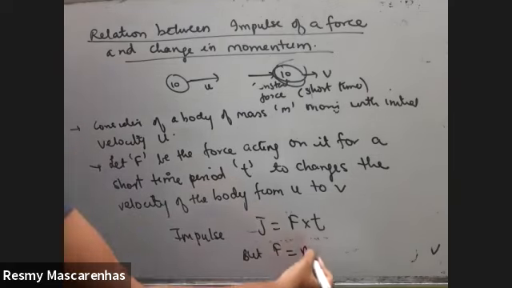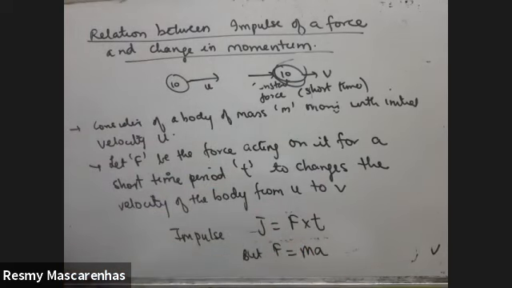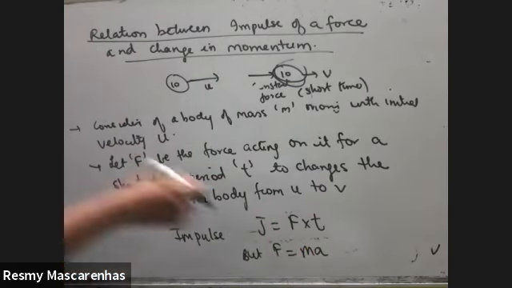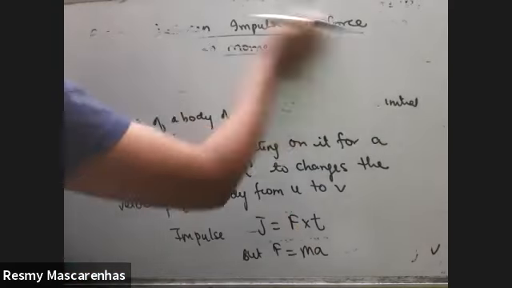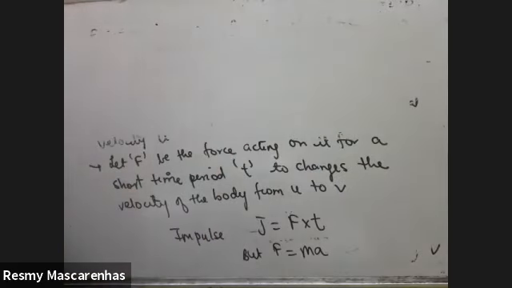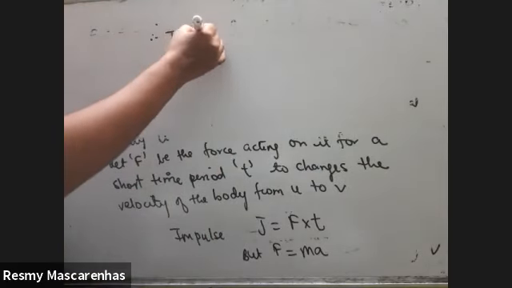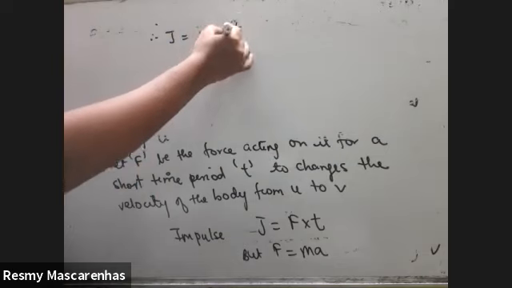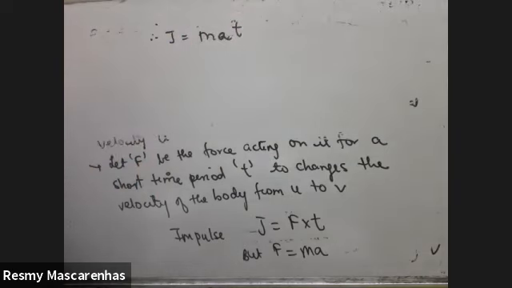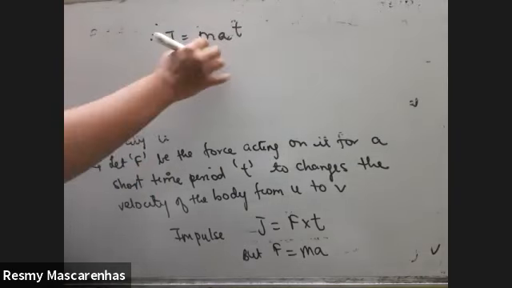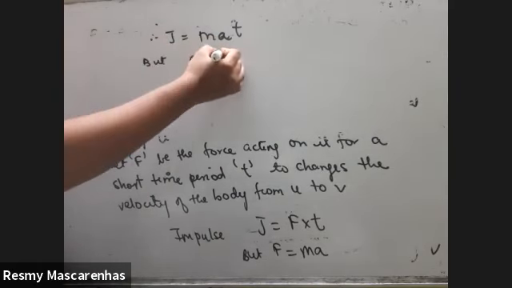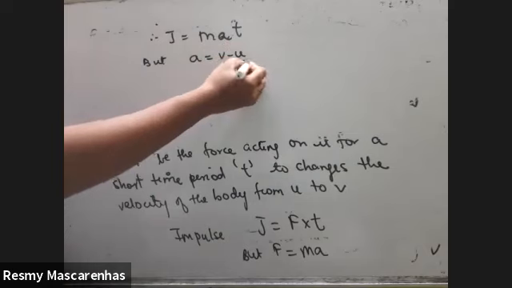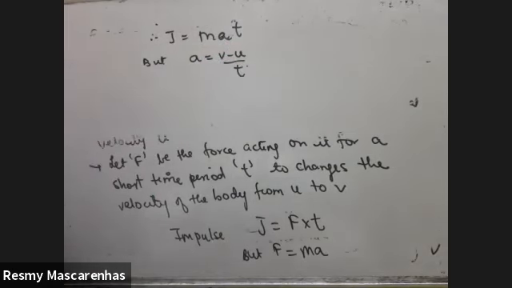So we know that force is mass into acceleration. Substitute here, that will become m a t. Again, we had seen what acceleration is: acceleration is v minus u upon t. So put it here.